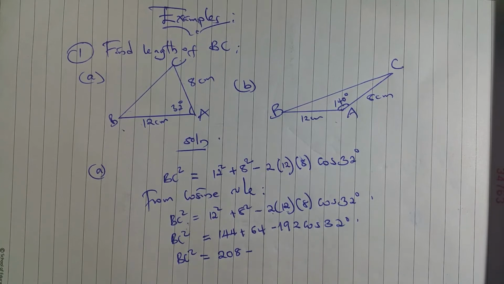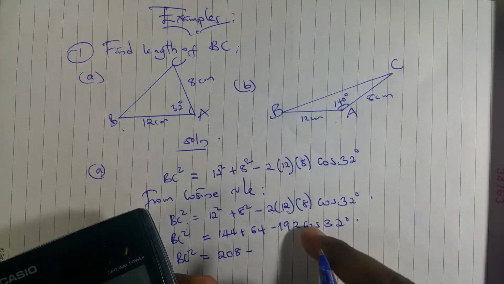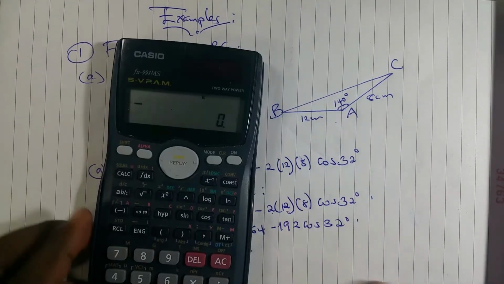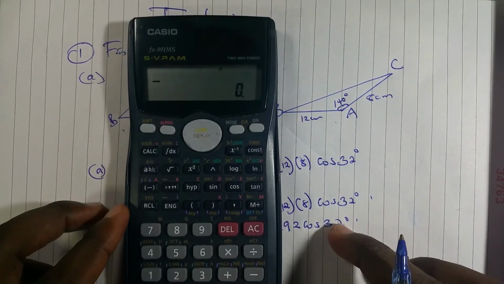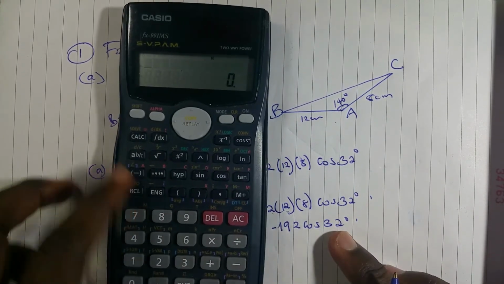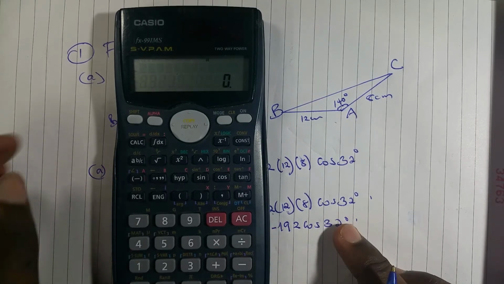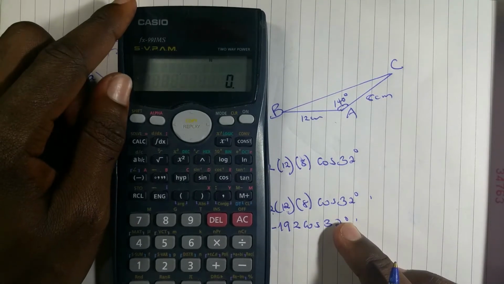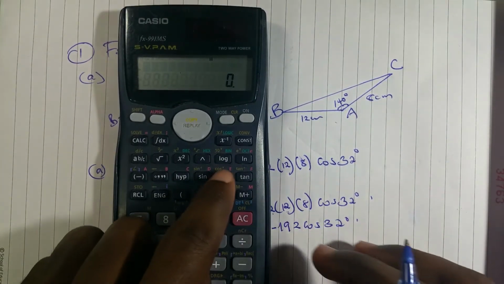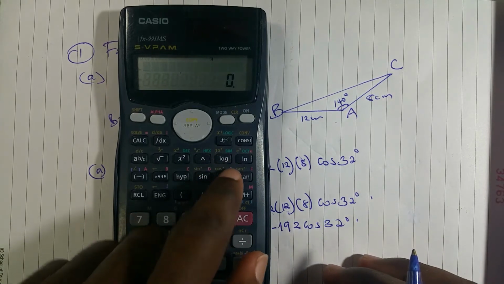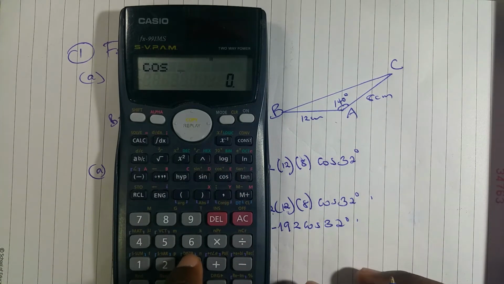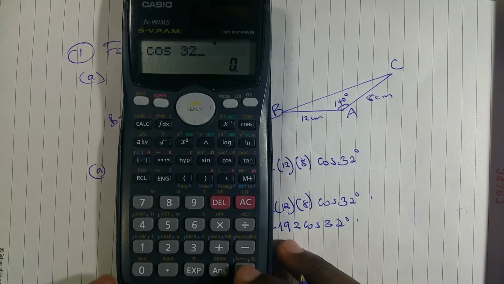When you are expressing trig ratios of angles from a calculator, you need to consider at least 4 decimal places. Now let's see, cos of 32. You see cos is here, so you press cos of the angle 32. That's how you press it. Then press your equal sign.